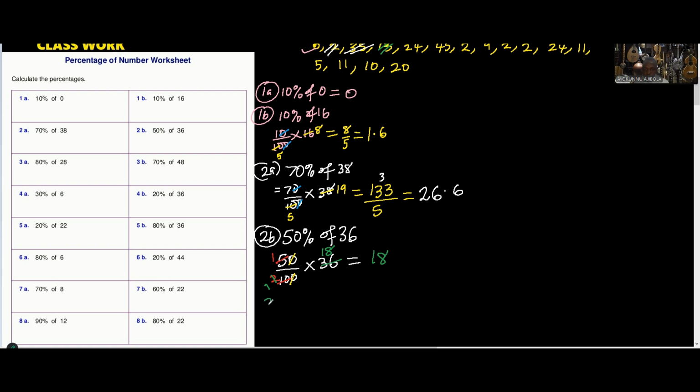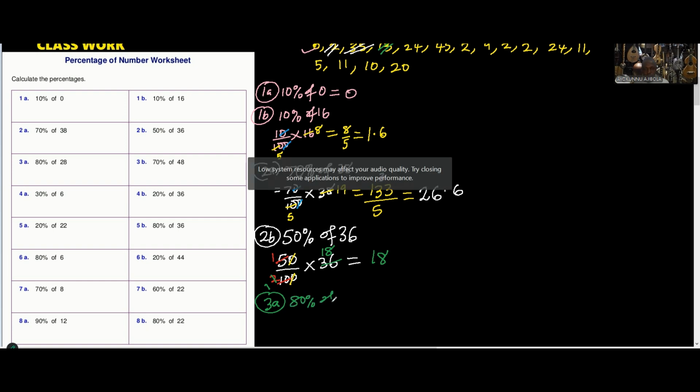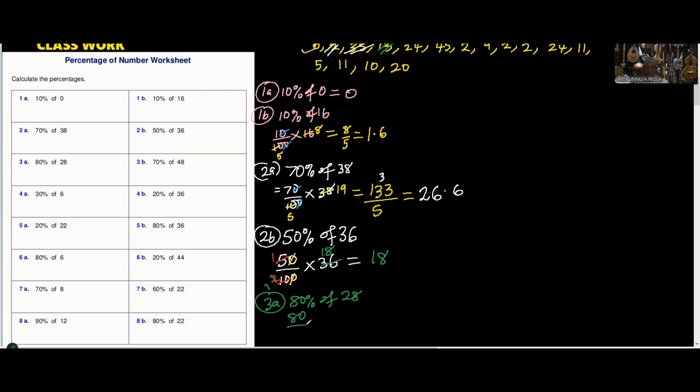Then 3A. I just want you to concentrate. Don't put down anything. I'll give you time to write them down later. 3A, we have 80% of 28. So this is 80 over 100 times 28. Now look at this. I can cancel 0 with 0. Then I have 8 over 10. Then I can divide again. 2 here, 5, 2 here, 4.